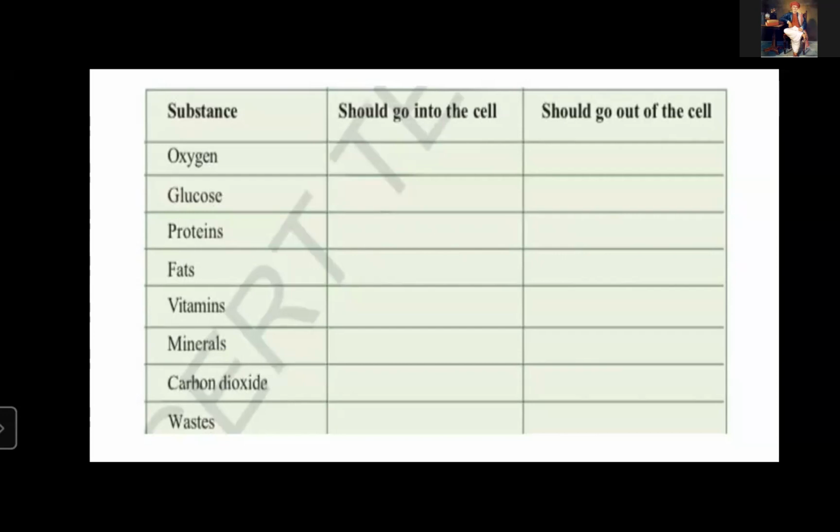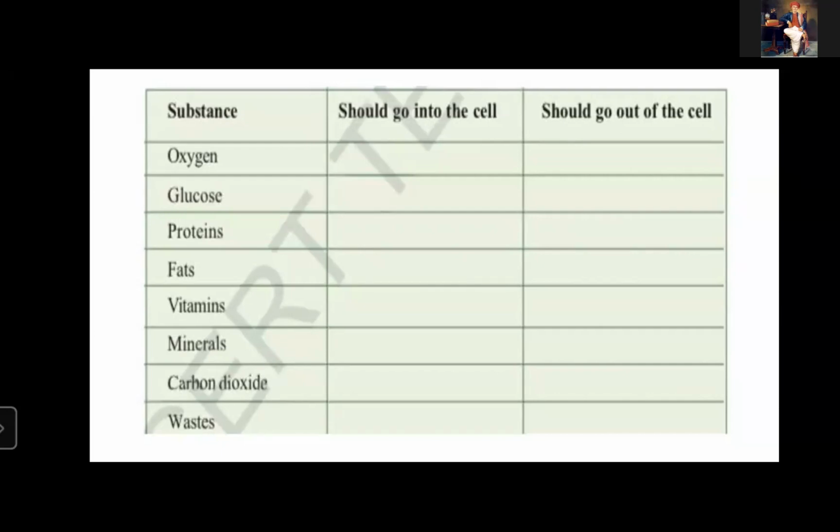Hruday, Kaushik, Balaji. Oxygen should go into the cell, not out of the cell. Only carbon dioxide goes out of the cell. It is the excretory product.